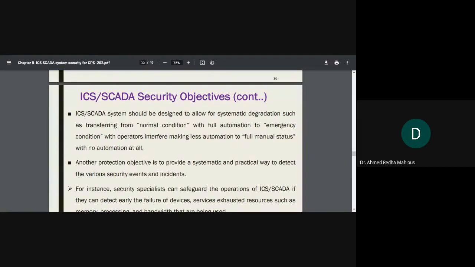But if an attack happens and you are no longer able to control the valve automatically and remotely, what will you do? You should have a solution, systematic degradation. That means you should have a plan B to close those valves manually. This is what I mean by a full manual status with no automation at all.